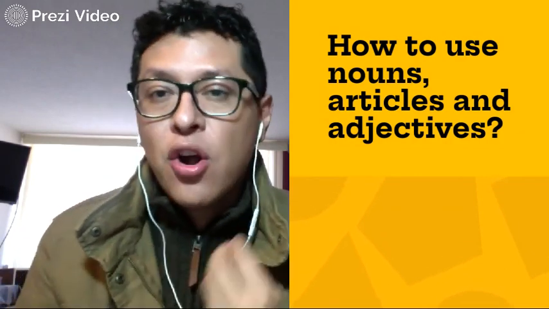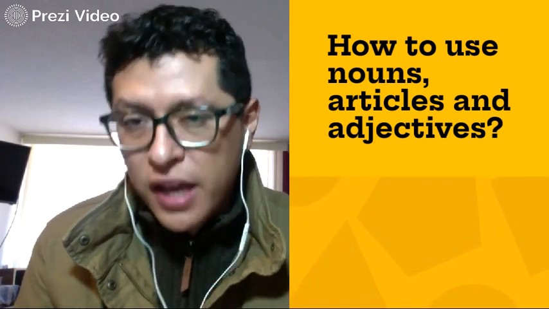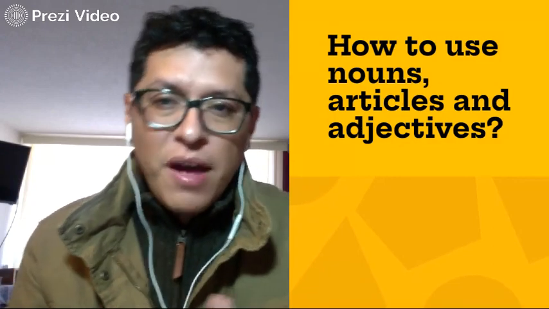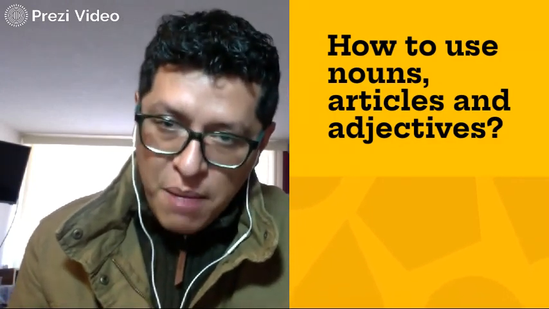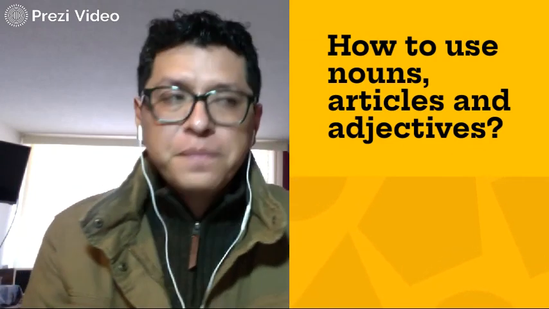So basically, in order to communicate in a certain language, you need to have two things. You need to have nouns and you need to have verbs. That means you need to have things, you need to have objects, and you need to do things with these objects.